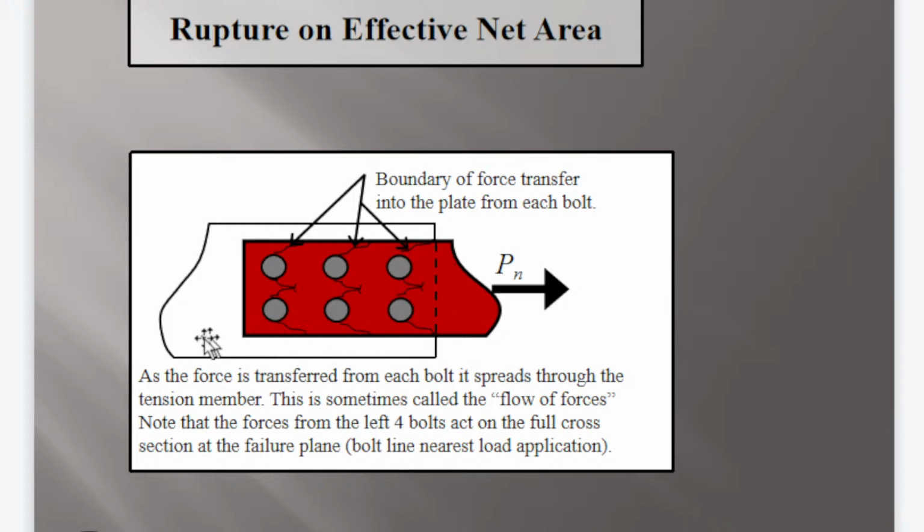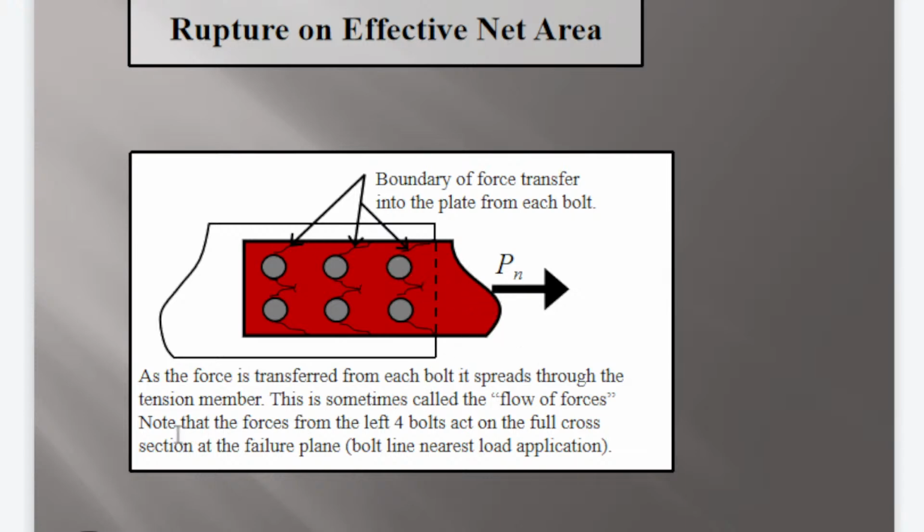As the force is transferred from each bolt, it spreads through the tension member. So the stress is spreading like this. The stress felt by the bolt is transferred to the bolt hole, and then from the bolt hole to the material, spreading outward. It's sometimes called the flow of forces.